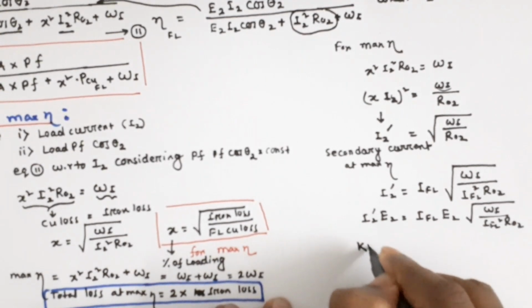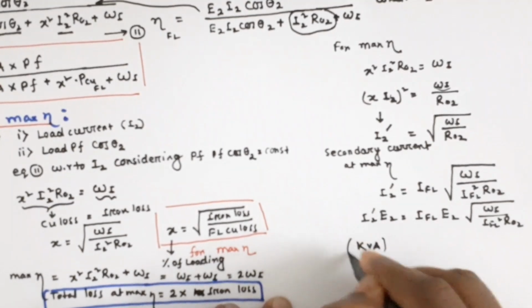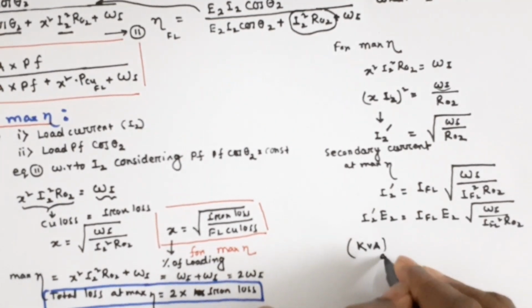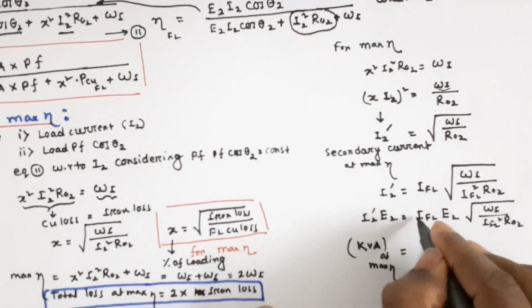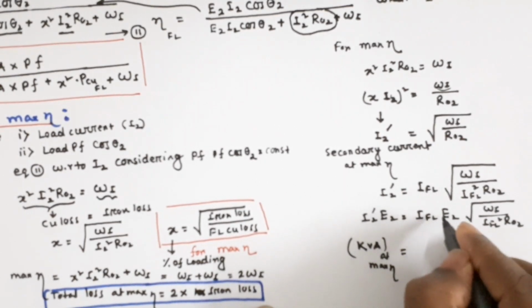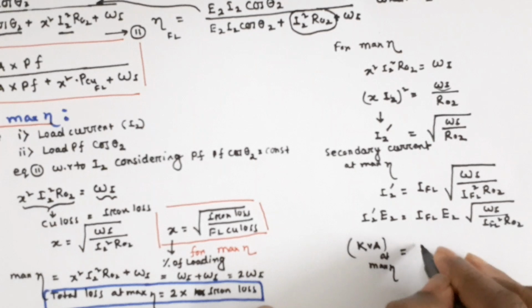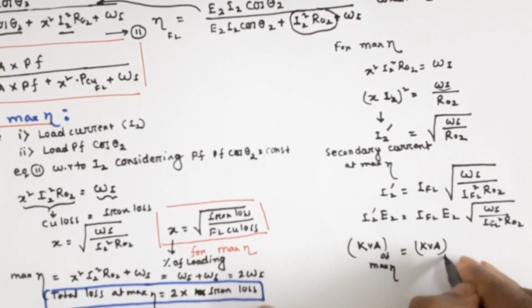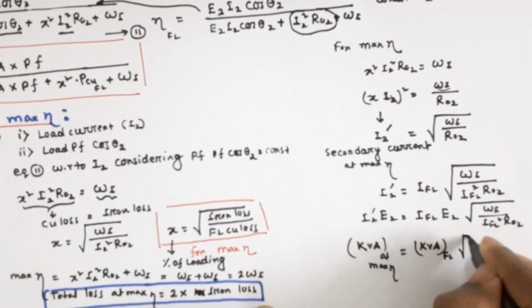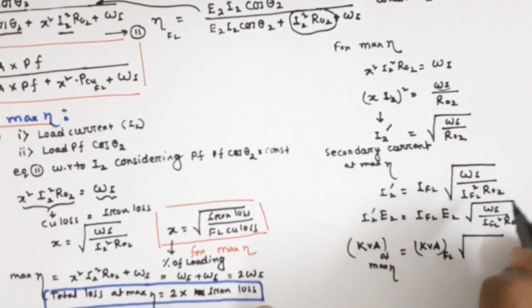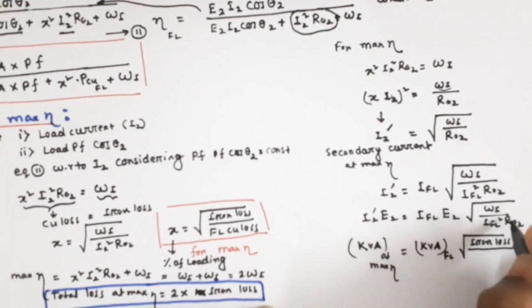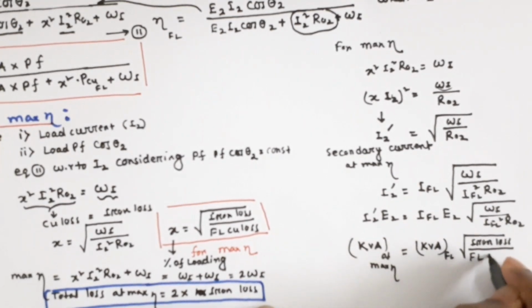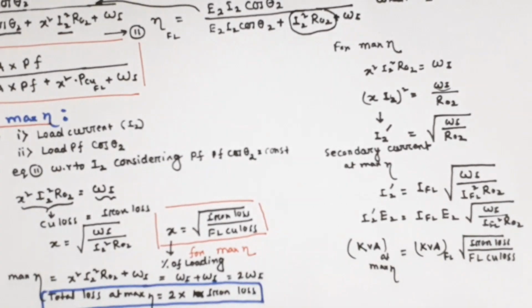Therefore, kVA at maximum efficiency equals, this is again full load current into voltage, kVA at full load, into root over of Wi, the iron loss, divided by this term, full load current square into R02, which is your full load copper loss.